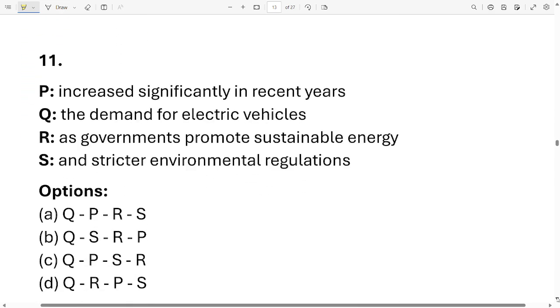Okay, next one. Increase significantly in recent years, the demand for electric vehicles, as government promotes sustainable energy and stricter environment regulation. These are the four sentences. Rearrange them in proper sequence.